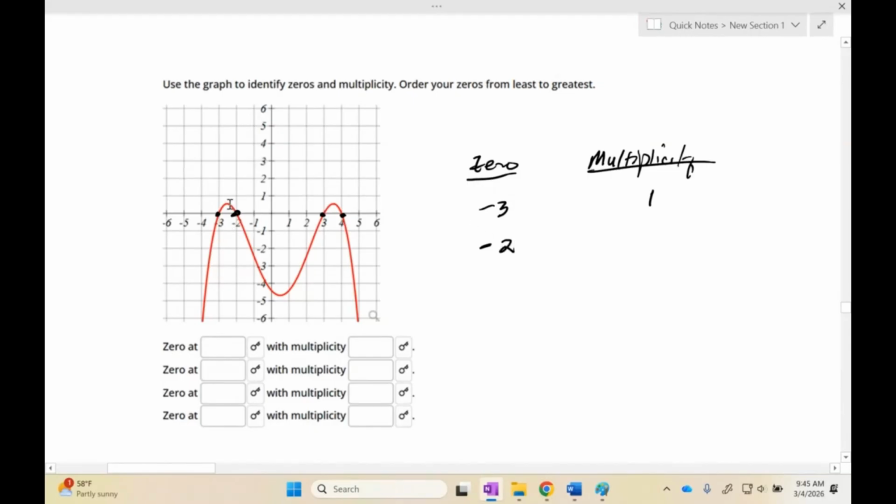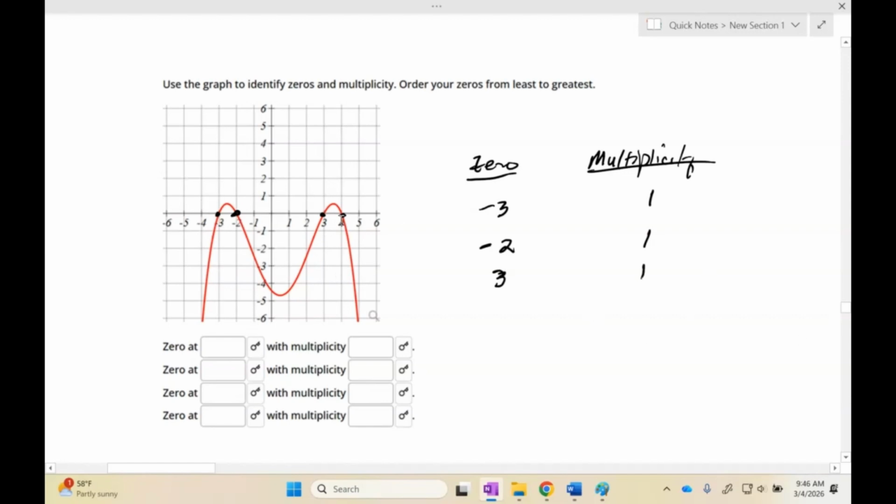Since it goes through the x-intercept, it also has a multiplicity of 1. The next 0 is +3. It also has a multiplicity of 1, because it goes through the x-axis. It doesn't bounce off. We're going to see what happens in a second when it bounces off.